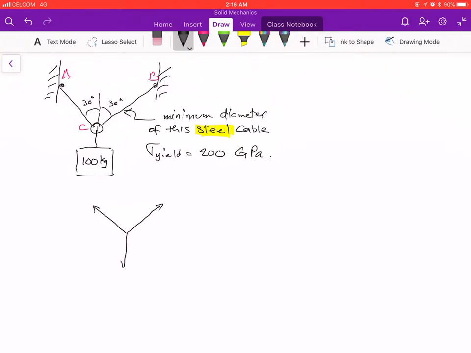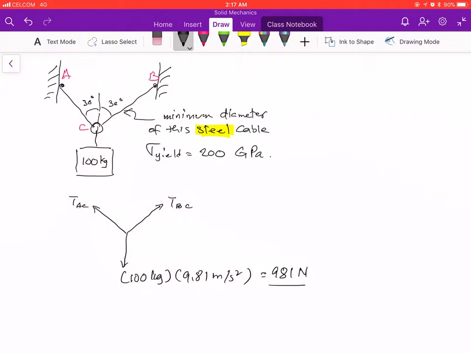So I have here my weight, which is 100 kilograms times 9.81, and that gives me 981 Newton. And I'll have my tensions here: this is TBC, and this is TAC. So that's pretty much my free body diagram.